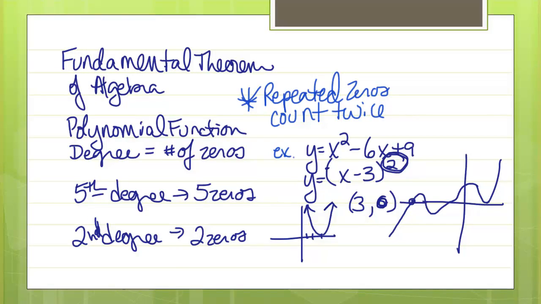So that could be my 1, 2, 3, 4, 5. So it only has 4 different numbers that are zeros, but this one counts twice. Right? So it just bounces off that x-axis. Those count twice.